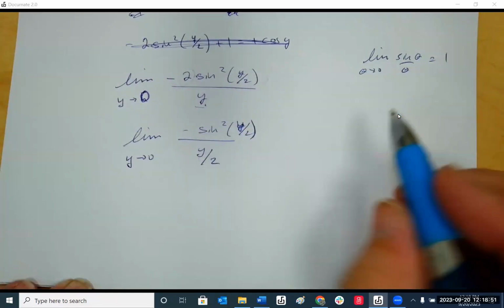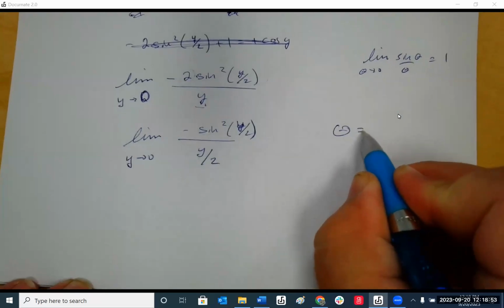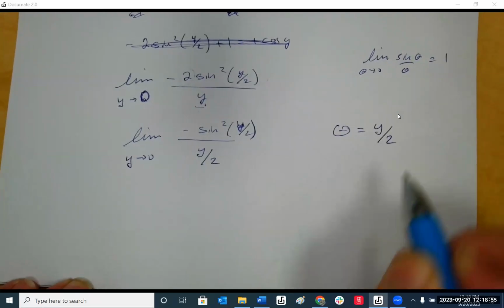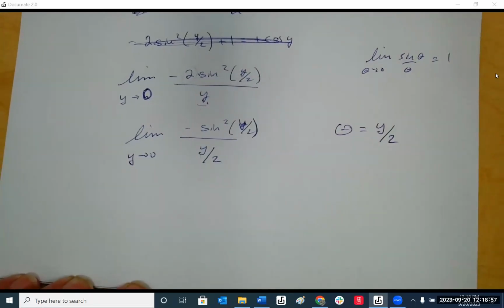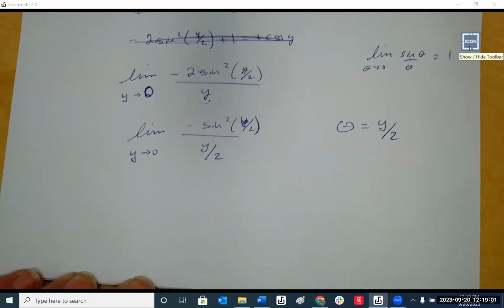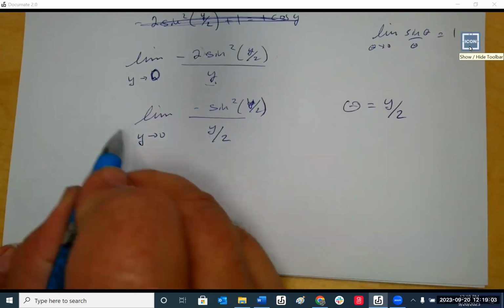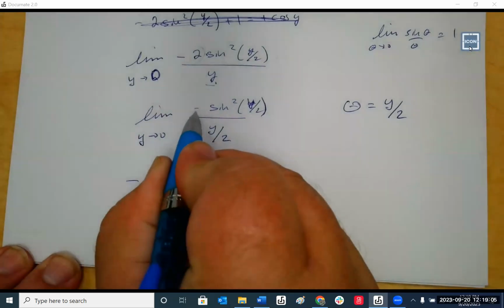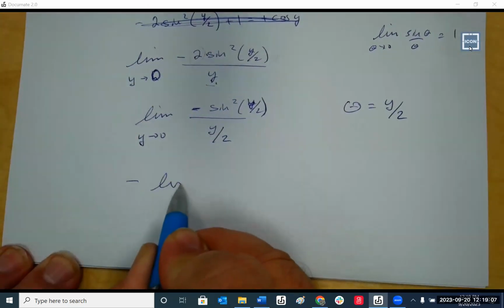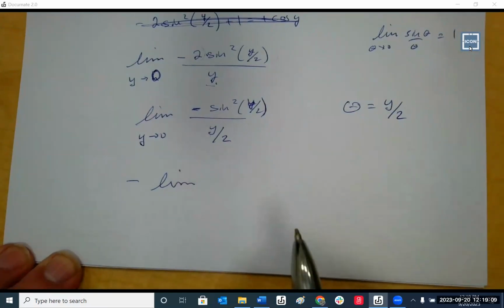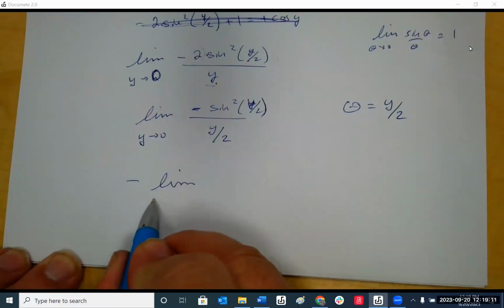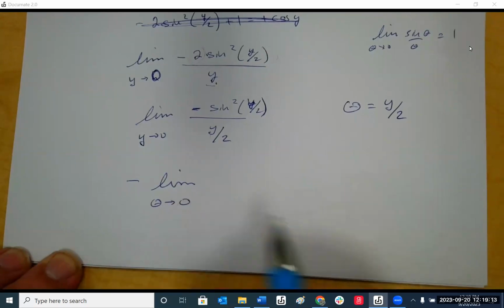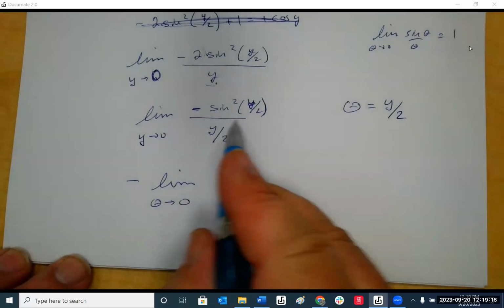These are still the same values because now I can say change theta anywhere you see y over 2. So now the negative goes out in front, the limit as theta goes to 0, since we changed it to thetas.